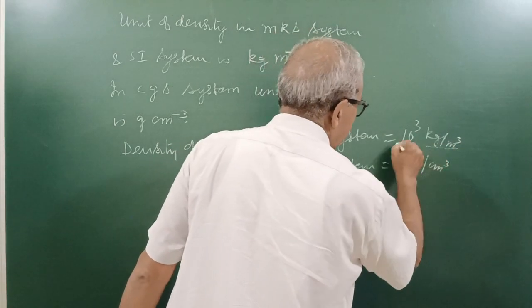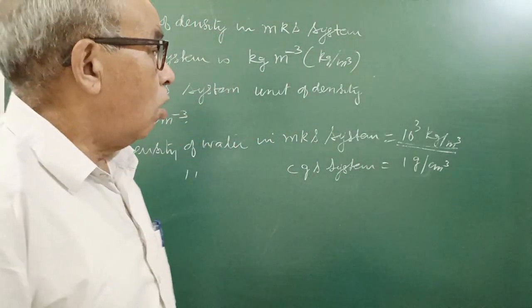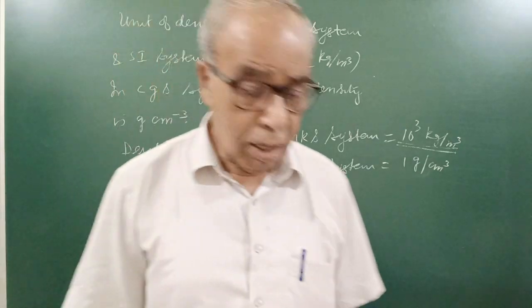We have to understand the meaning of this. 1000 kg per meter cube.